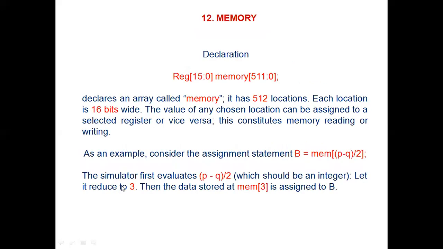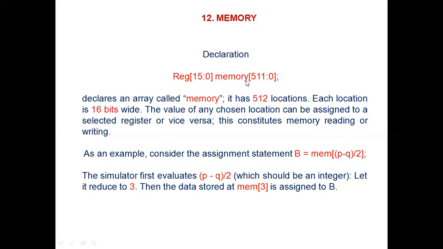Next, memory. Now how do we declare the memory? This is the example. What does it mean? reg [15:0], that means the width is 16 bits, 0 to 15. Next, the memory, again in vector notation, 0 to 511, that is 512. What information does this type of declaration give?